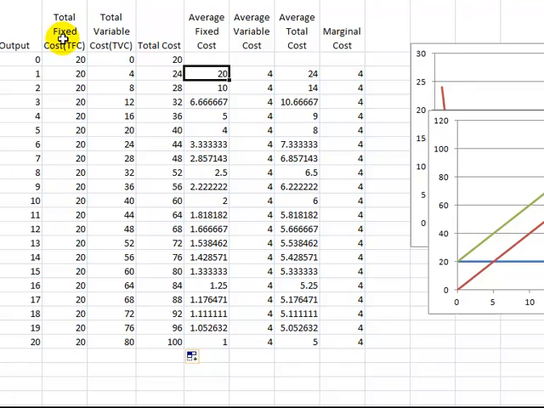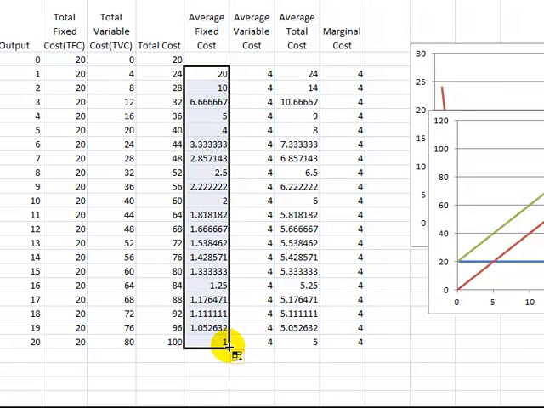Because the average fixed cost equals the total fixed cost divided by the quantity of the output, and you know 0 cannot be the denominator. So this one equals total fixed cost divided by output. Copy the formula all the way down, then you will get the data for this column.